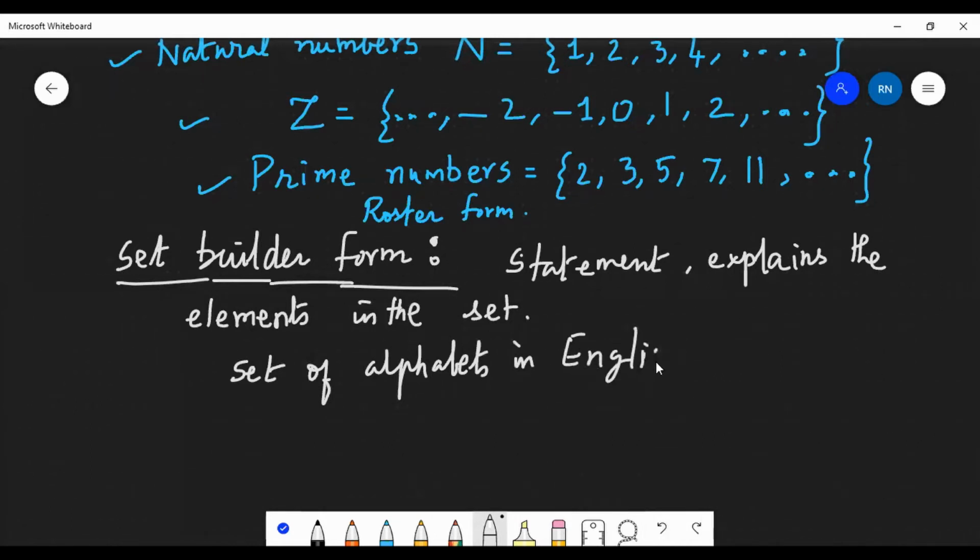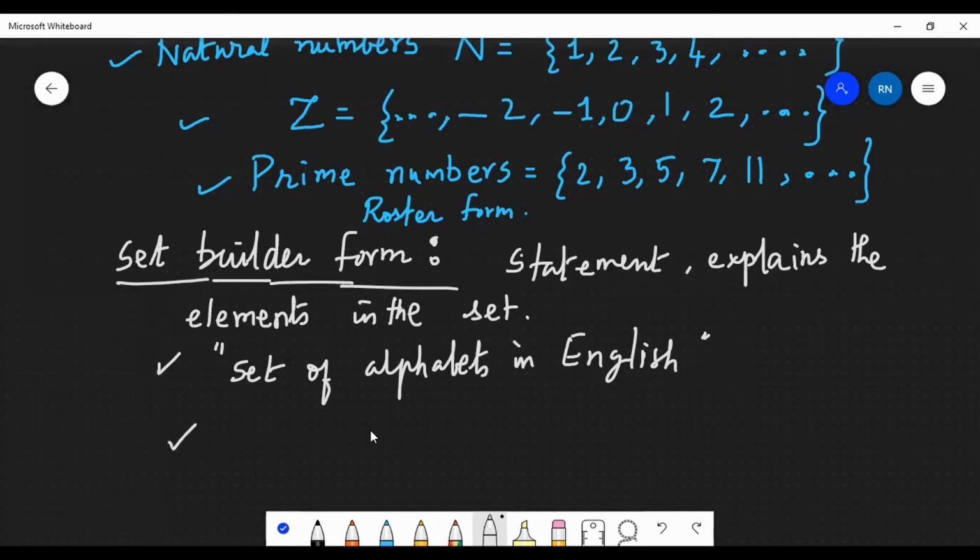Okay, so this is just an English sentence. This can also be taken as a set builder form. Yeah, but it is not a proper sentence. Just given a statement. This is a set builder form.